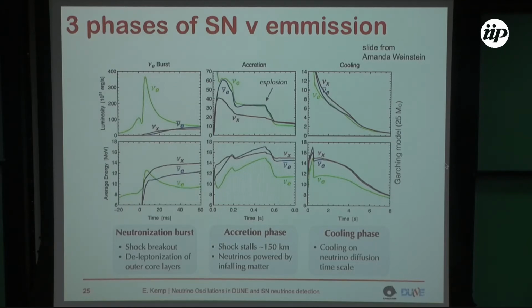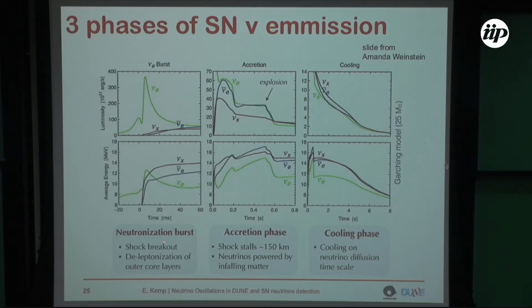So we have the neutronization burst that happens just after you start to crunch the core and squeeze the electrons inside the protons, and the proto-neutron star begins to be formed. You have a huge emission of nu E, and these are the luminosities in 3 different phases.